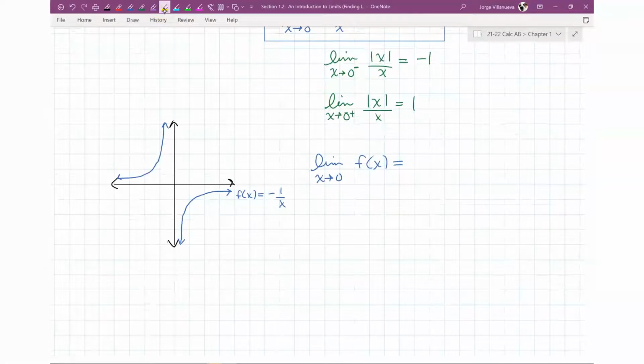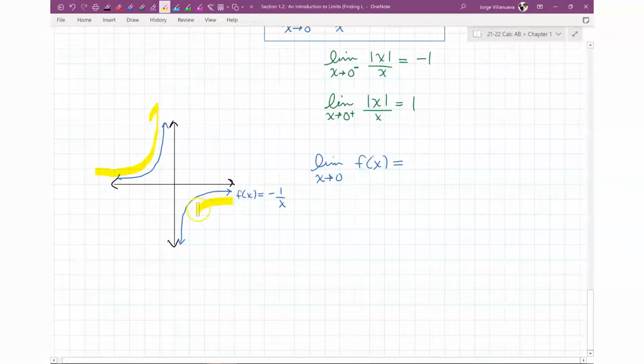Let's start from the left side, approaching 0. So notice, it goes up, right? It's going up. What about if I come from the right side? That's going down. Are they going to crash into each other? No. So is there a limit? No. DNE, okay, does not exist.